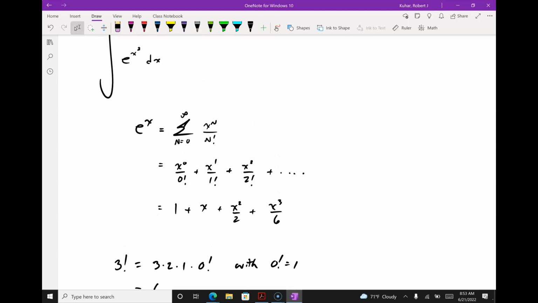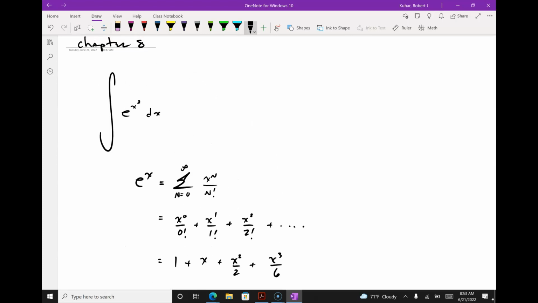But look at this now. Look at what I have. The integral of something that I cannot solve is now something I can solve quite easily, right? So now all of a sudden I could take a function and turn it into a sum of polynomials.